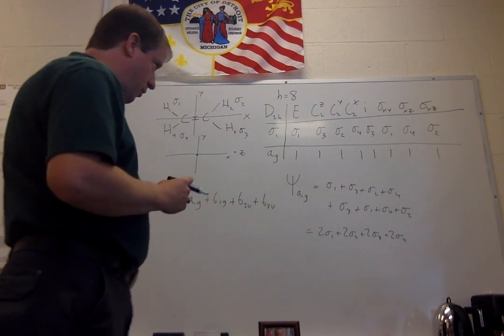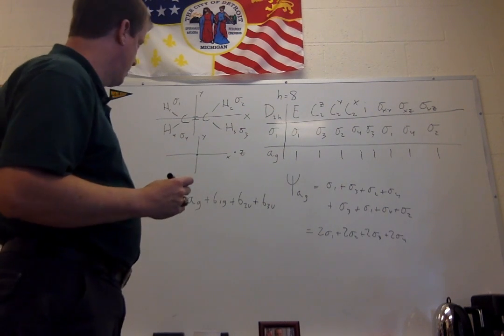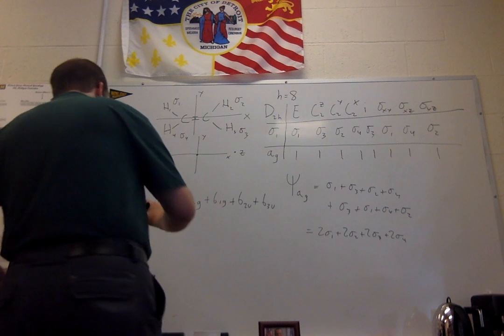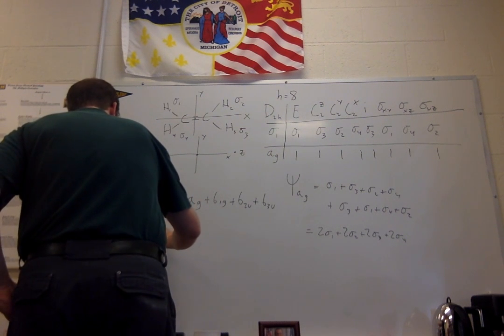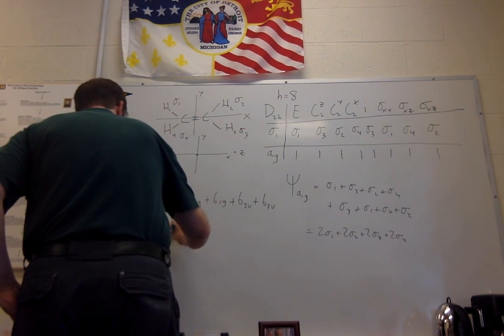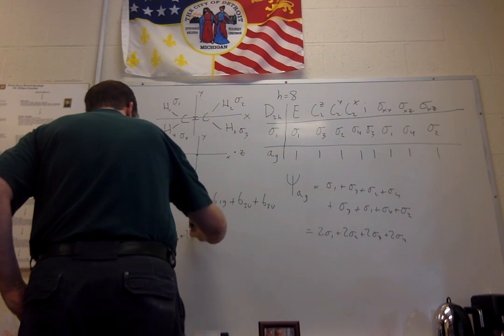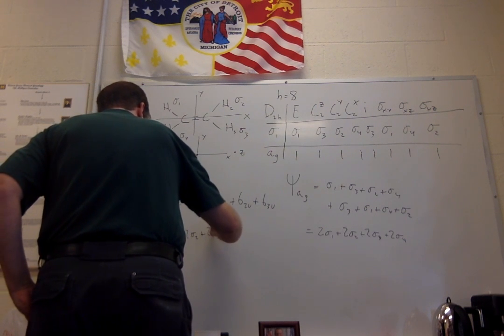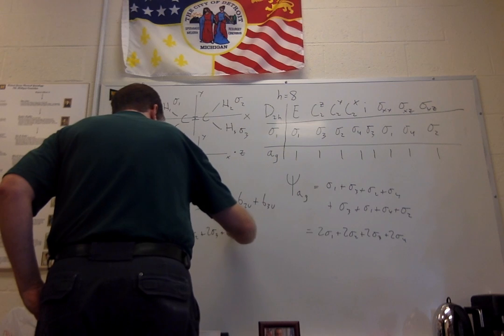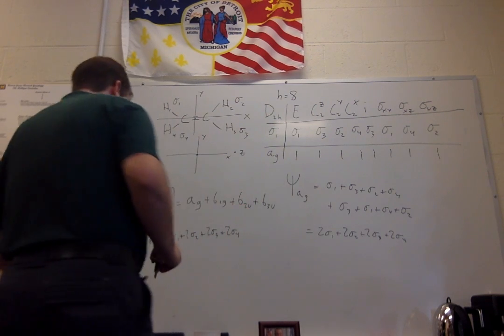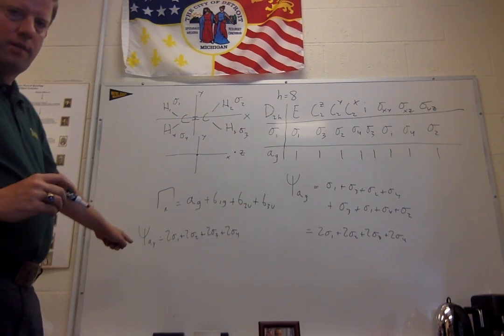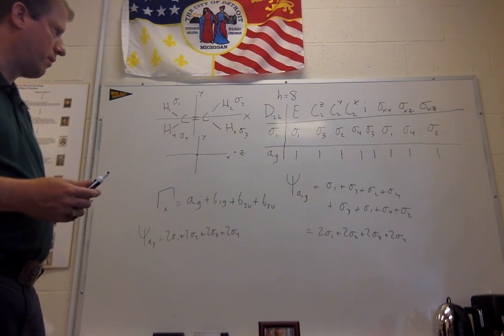So then let's look at what happens with the other ones. So let me rewrite this over here. That's our first calc. Now there's one more thing we have to do when we're done.